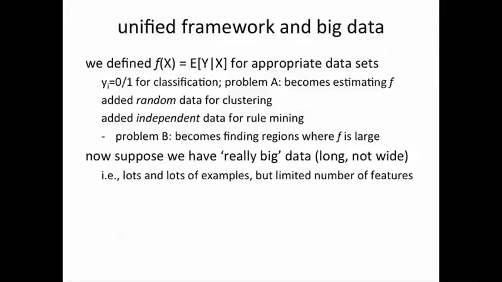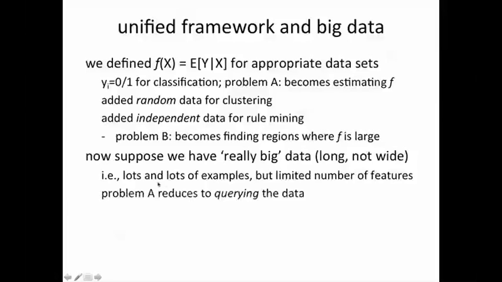But in things like transactions or small numbers of features which are typically found in traditional data sets, this is a typical situation where the data is very long, and if you start storing lots and lots of transactions, you can get big data in this sense.